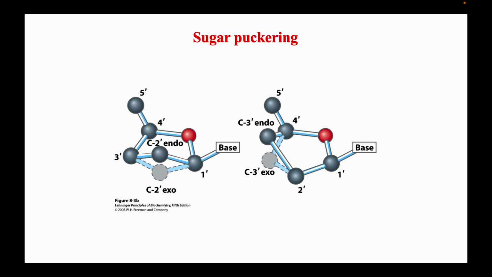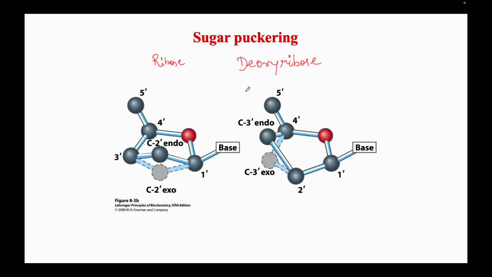Apart from this, there are also questions on sugar puckering. The sugars ribose and deoxyribose can have two conformations: one is C2 endo and the other is C3 endo.